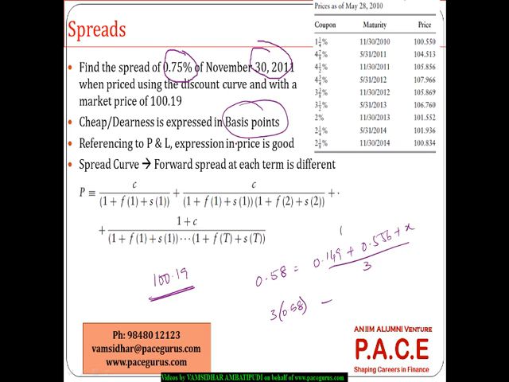Instead of saying that the price is 6.5 cents cheaper relative to the reference bond, I'm saying that this particular bond is trading 4.4 basis points cheaper compared to the reference. So that is one different kind of way we can express the pricing of the security in the form of spreads.